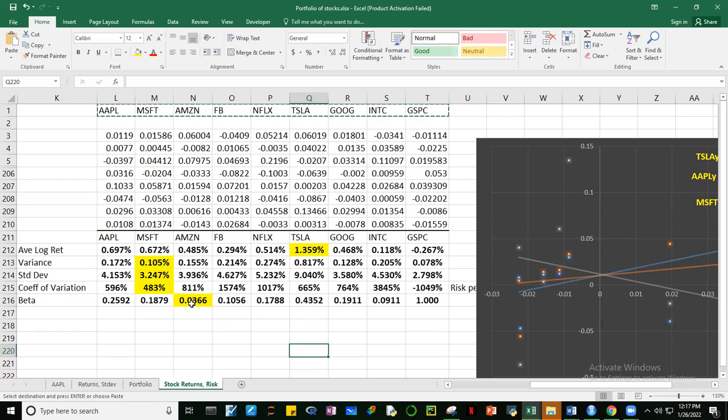So Amazon seems to have the lowest beta dun sa returns na ginagamit natin. 0.03 lang yung beta niya. So ang highlight natin dito yung mga best performers, no? Expected guys si GSPC, yung beta niya will be 1, kasi you're comparing GSPC with GSPC.